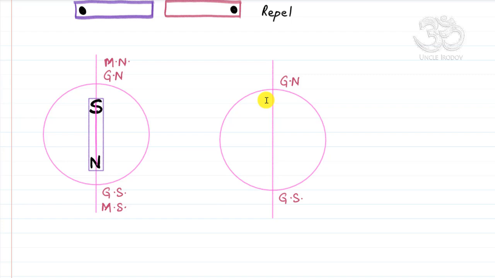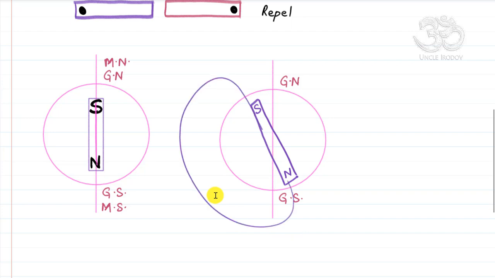So what may happen is that you have a magnet placed like this with its south there and north here, and then the field lines will be branching out from here like this, and then they will be going back into the south pole like that. So you will have a structure of this kind.